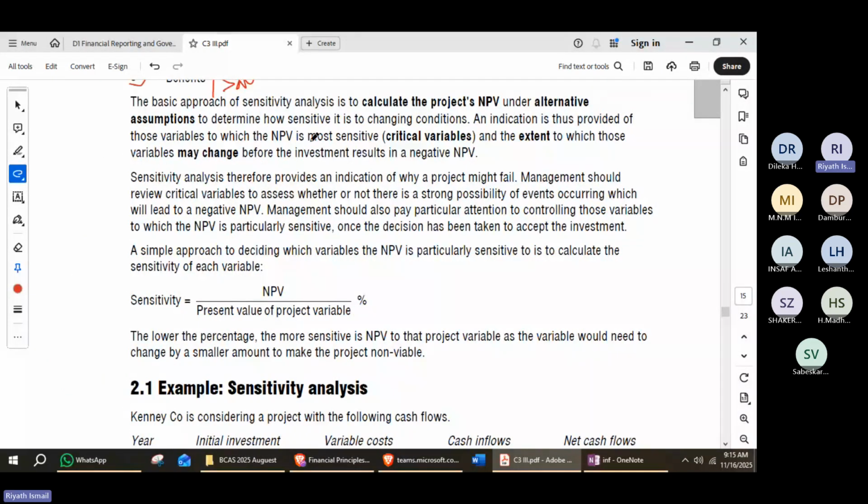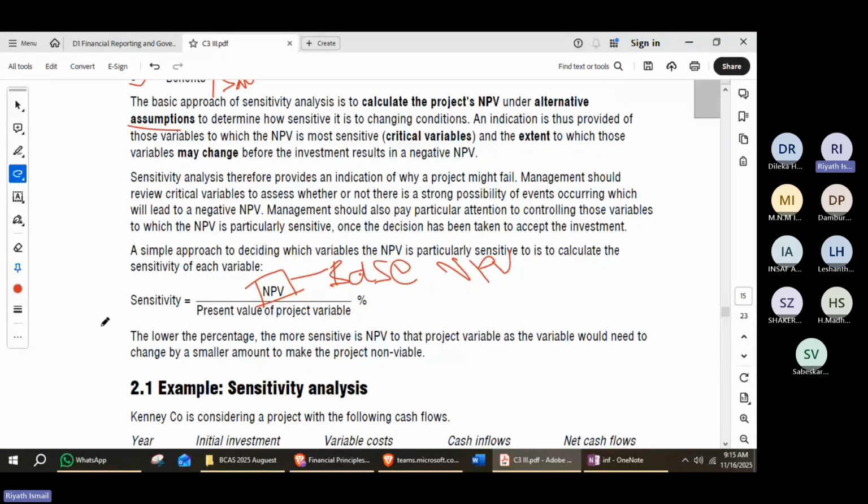The basic approach of sensitivity analysis calculation: the first step is to find the NPV in a given scenario, sometimes called the base NPV. Whatever scenario they give us is the base scenario, so we calculate that first. Then we calculate the NPV under alternative assumptions to determine how sensitive it is to changing conditions. This indicates which variables the NPV is more sensitive to.